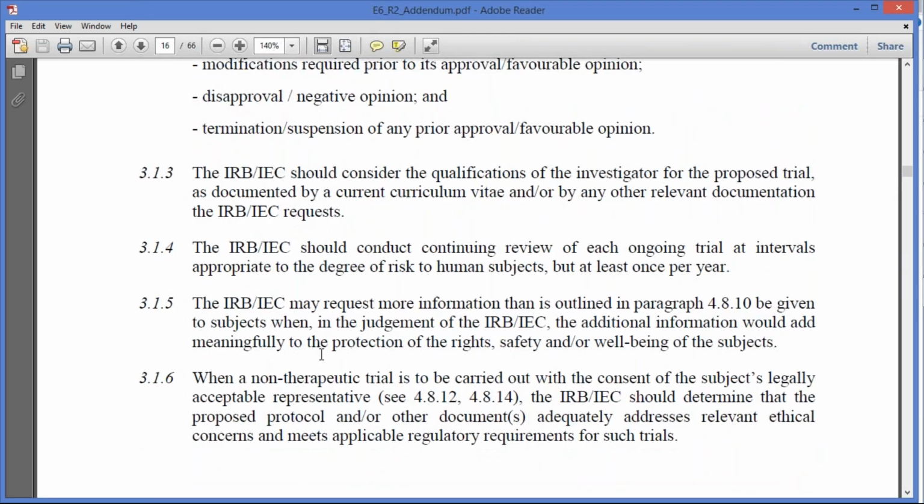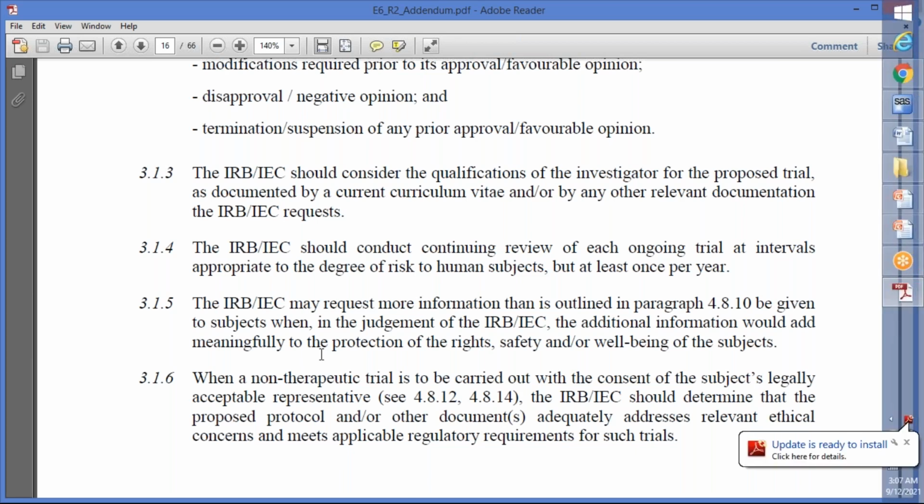IRB should consider the qualification of the investigator for the proposed trial, documented by the CV or any other relevant documentation that the IRB requests.